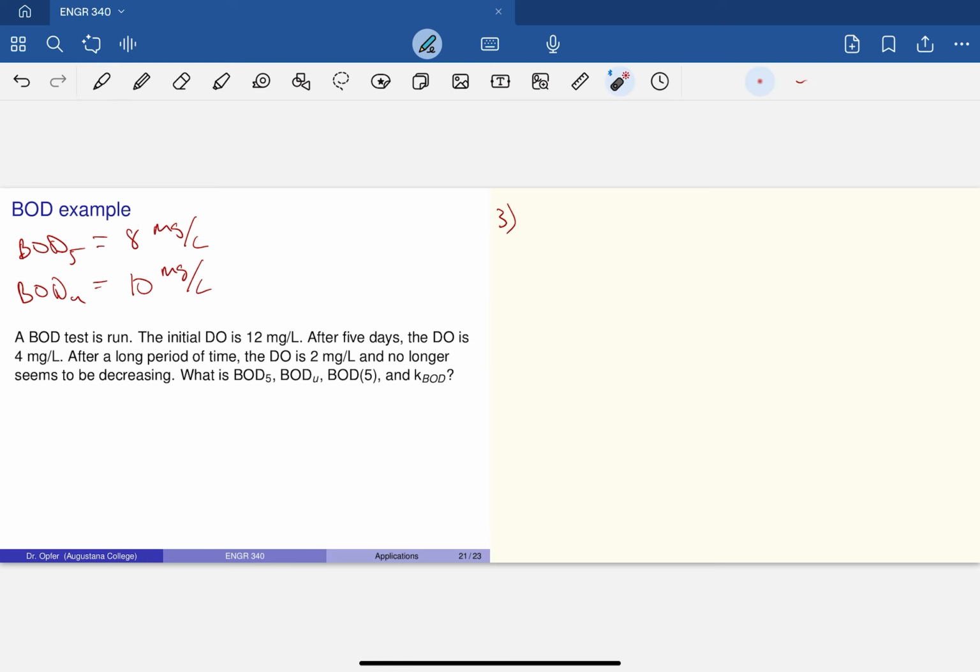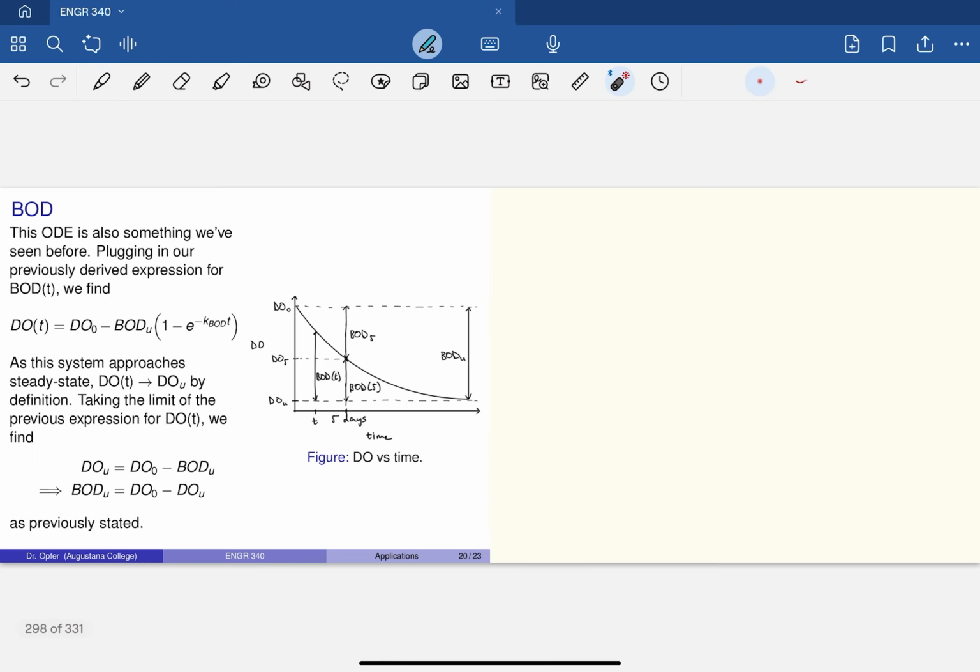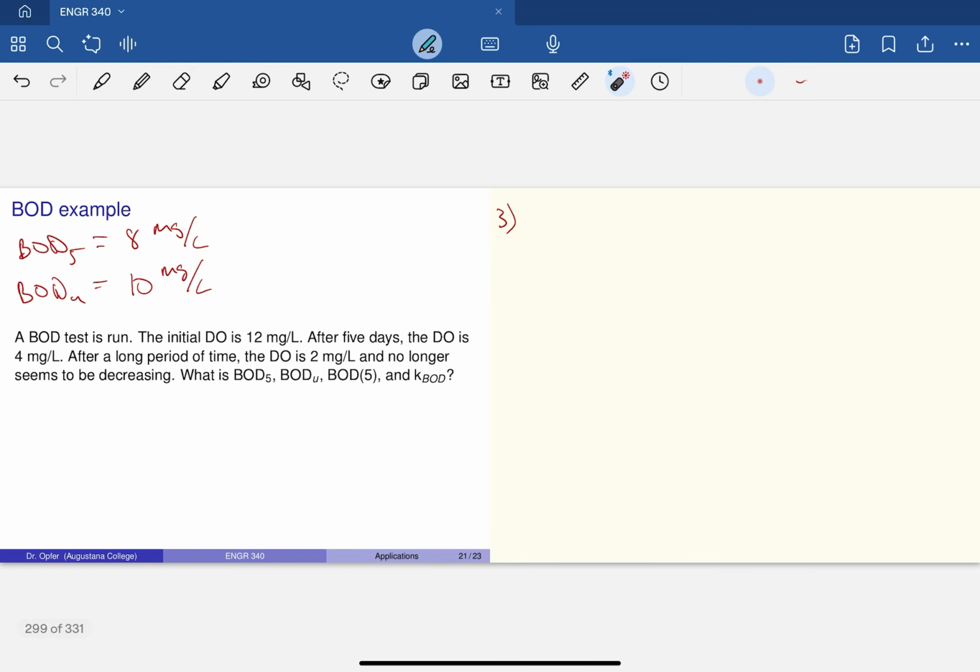Okay, so now we're on BOD of 5, and remember, this is different from what we already solved for, BOD sub 5. The BOD of 5 is the remaining BOD left in the sample at 5 days. So if we look at the relationship between BOD sub 5, BOD of 5, and BODU, we know that BODU is equal to BOD sub 5 plus BOD of 5.